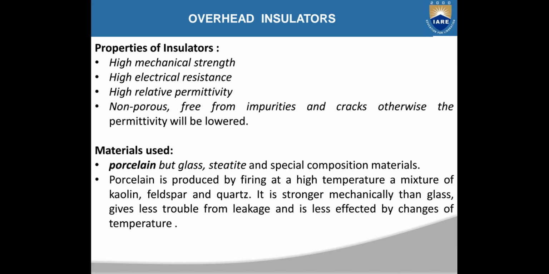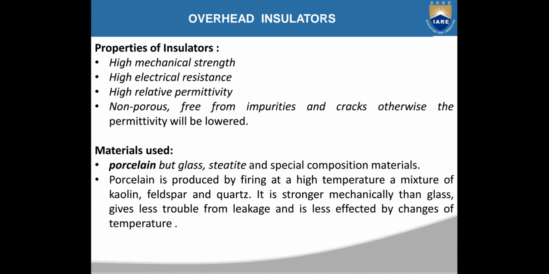And the insulator should be non-porous. There should not be any holes. It should be non-porous, and it should be free from impurities and cracks. Otherwise, if it is porous or not free from impurities and cracks, then the permittivity will decrease.